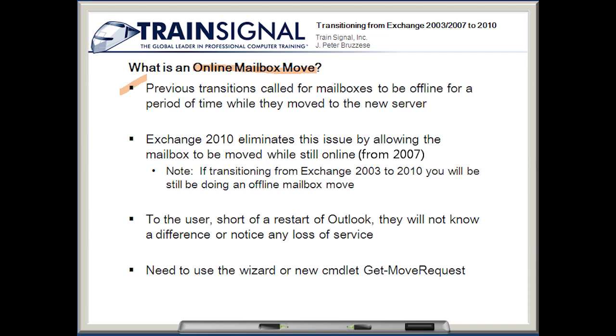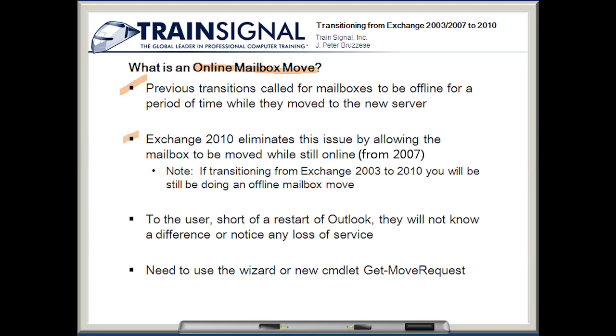Because while the mailbox is offline, there's nothing that the person can do. They can't access their mailbox while it's in that period of transition. If you have a tracking system for the availability that users have to their services, well, your percentages are really going to take a hit if a user can't access their mailbox for 90 minutes.